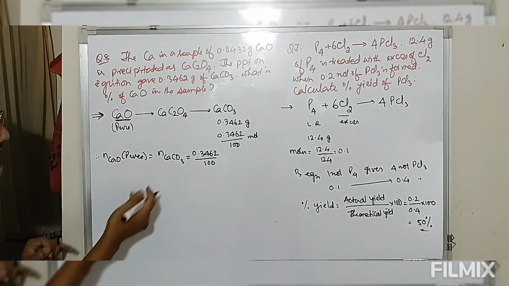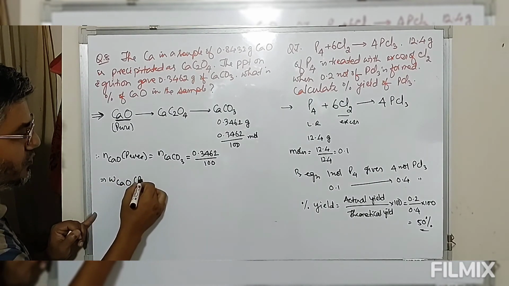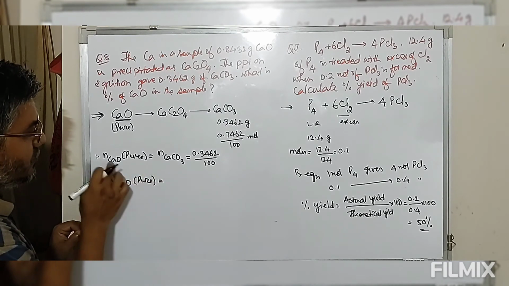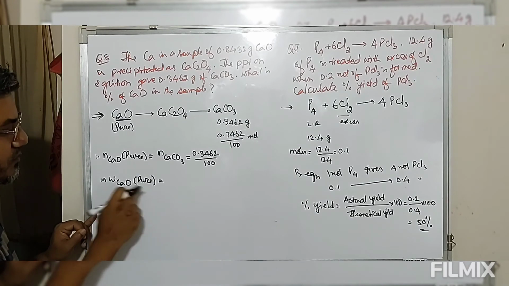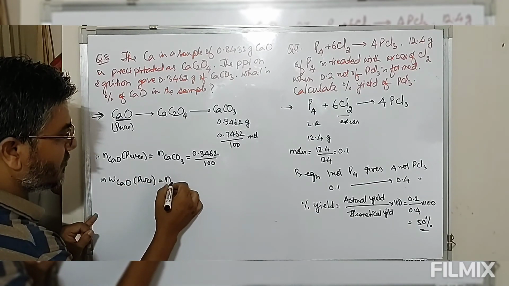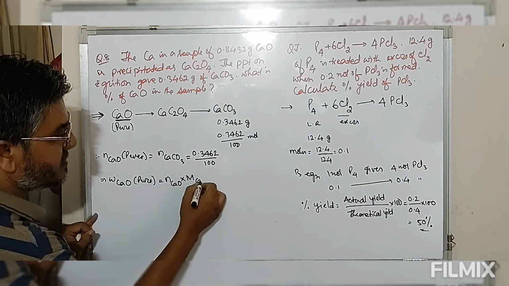Once we have this number of moles, we can define the mass of pure calcium oxide present in the sample, because we define number of moles as mass by molar mass. So mass is nothing but number of moles of calcium oxide multiplied by molar mass of calcium oxide.